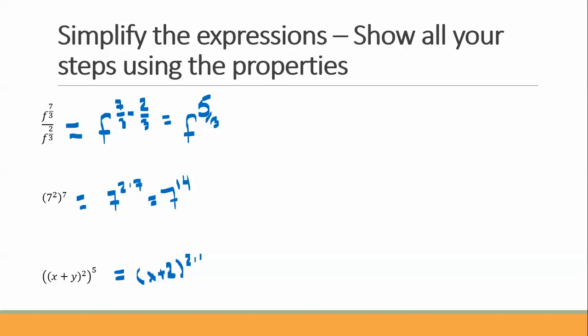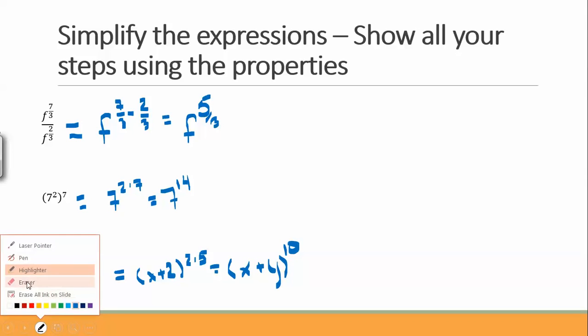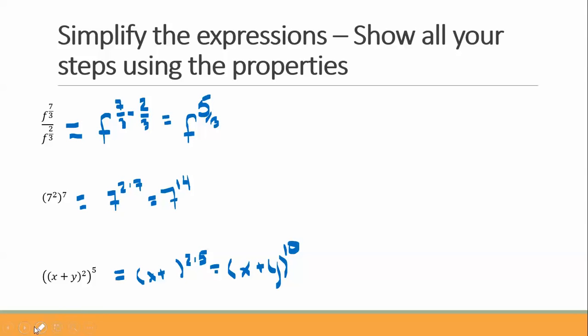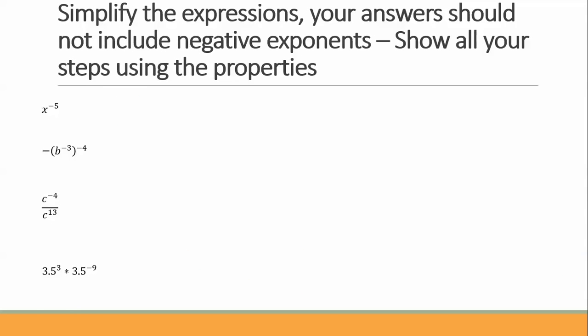So x plus y squared to the 5th is x plus y to the 2 times 5, which is x plus y to the 10th. Let me erase that one. That should have been x plus y.